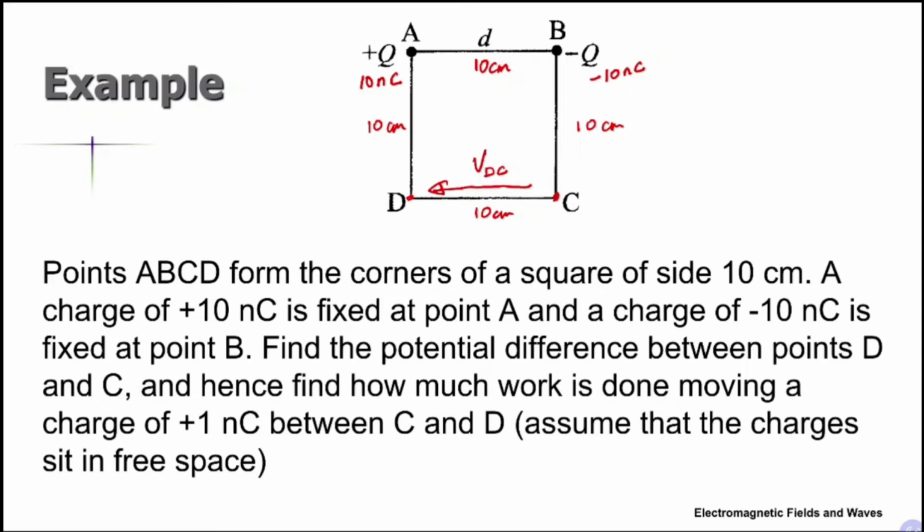So what you want to do is to work out what is my electric potential at the point D and what is my electric potential at point C. And then my VDC will be phi D minus phi C.